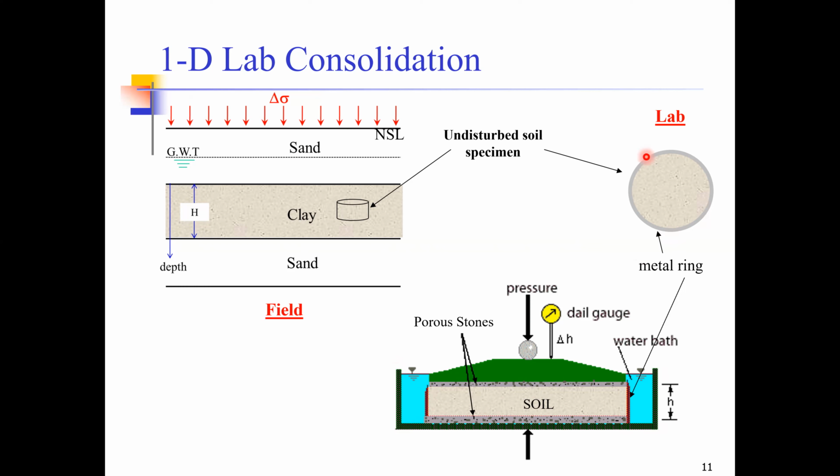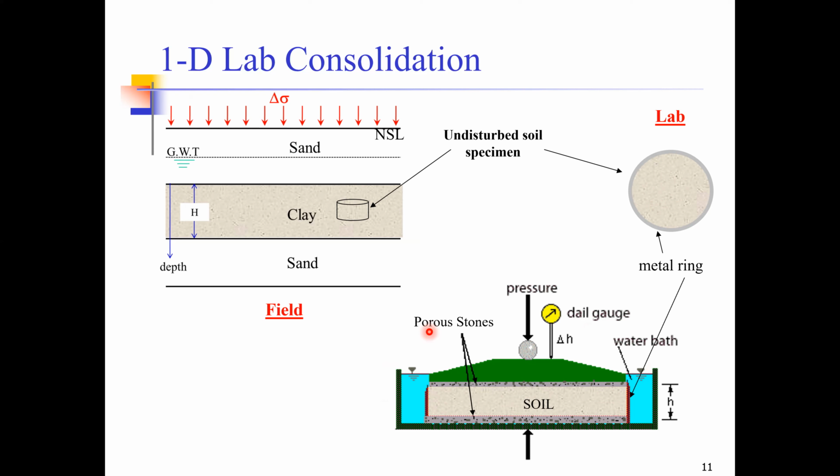So this is a circular metal ring. If I cut a cross section and view from the side, it will appear like this. This is the boundary of the metal ring, and inside the metal ring it is filled with soil. So we put this metal ring inside a chamber which is filled with water. Below the soil surface, and on top of the soil surface, we put some porous stones.